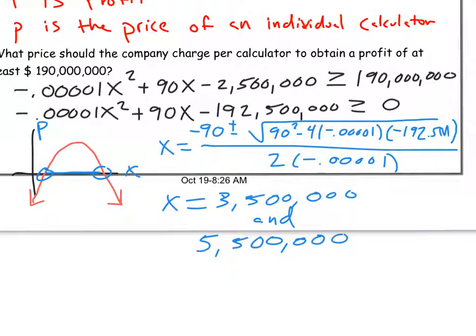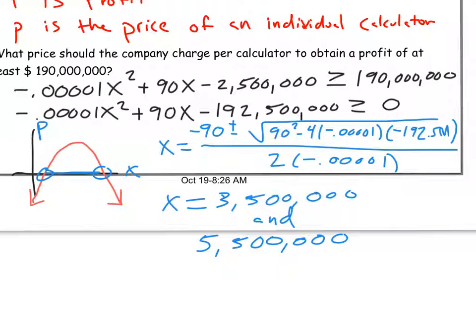Okay. And again, those are in terms of calculators. That's how many they would need to produce. Okay. And again, it's a little bit tricky with the context, but to do this, we really had to solve an inequality involving a quadratic, which is what section 7 is all about.